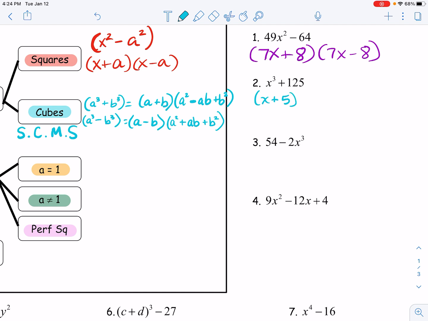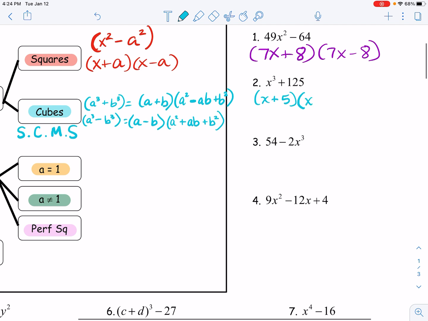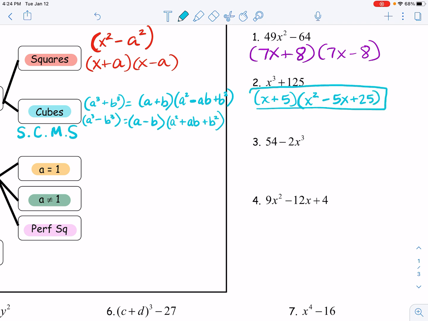Then I SCUMS that binomial. I square the first, change the sign, multiply the two terms together, and square the last. And this is factored completely. I cannot factor this trinomial any further. There are no factors of 25 that add up to a negative 5.